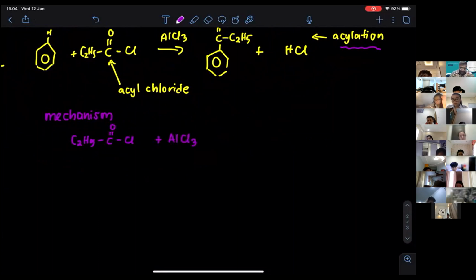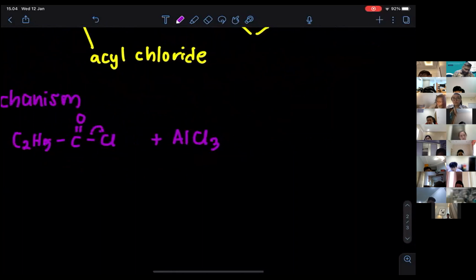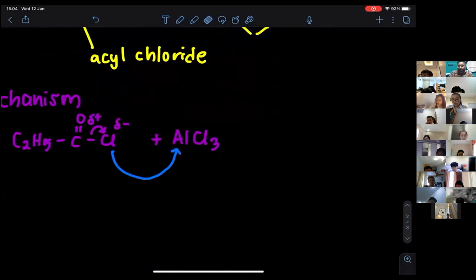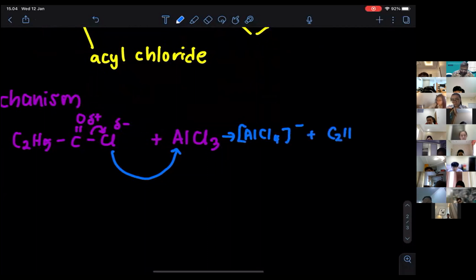Generally, the Cl is more electronegative, so this is already delta negative, delta positive. The delta negative goes over to the AlCl3, and they form AlCl4 minus, leaving C2H5, C double bond O, and then plus, which is your electrophile.